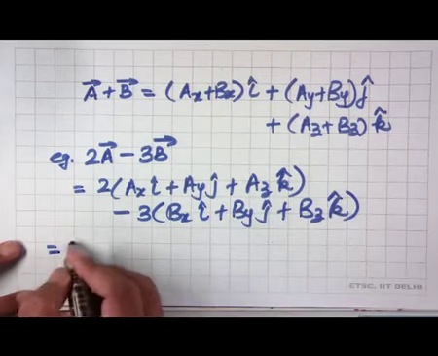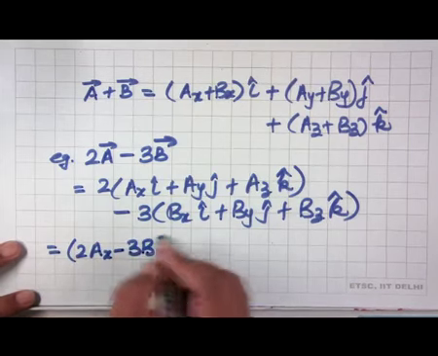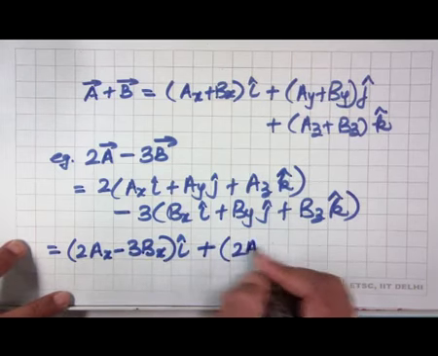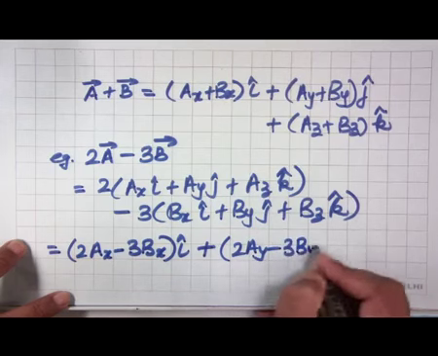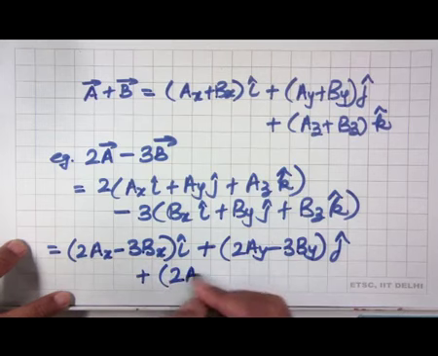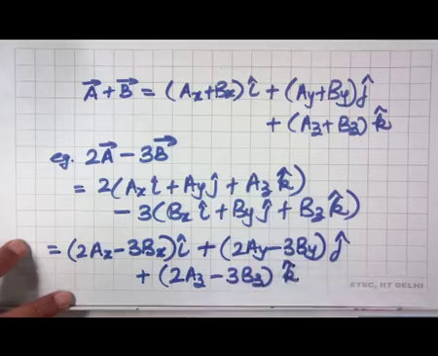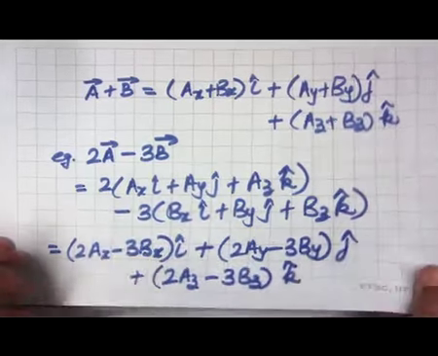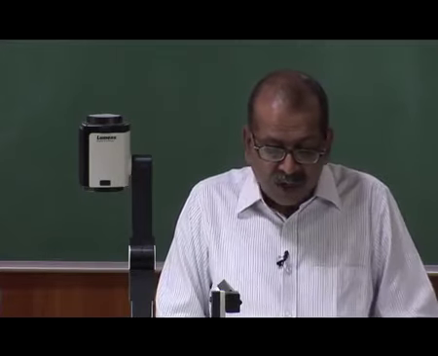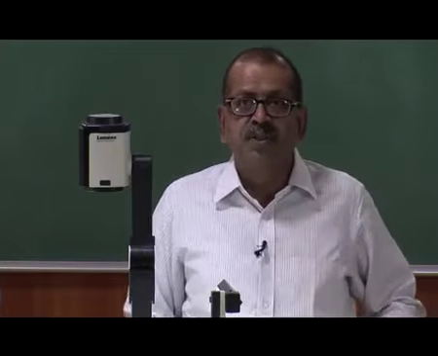So, this will be equal to 2Ax minus 3Bx times i plus 2Ay minus 3By times j plus 2Az minus 3Bz times k. Therefore, resolving a vector along components along Cartesian axis may help us in simplifying some of the operations.